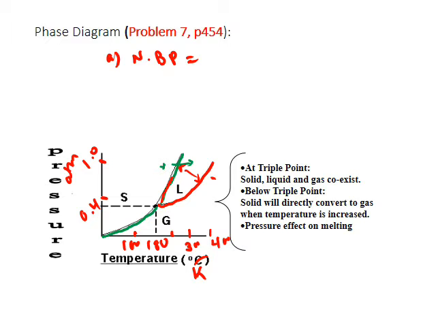Let me draw that line in blue, as horizontal as possible. Then you go vertically downward, and you get somewhere in here, so that's approximately 350 Kelvin.